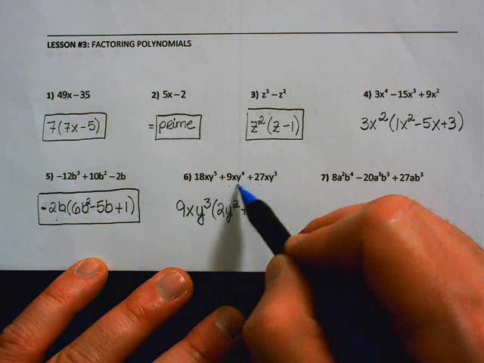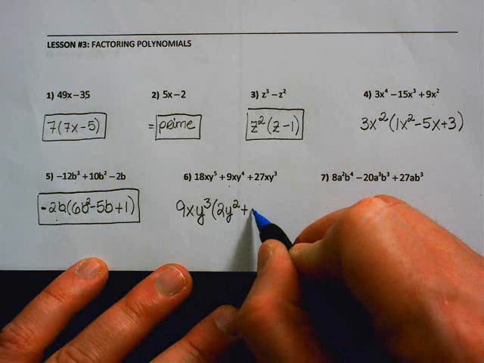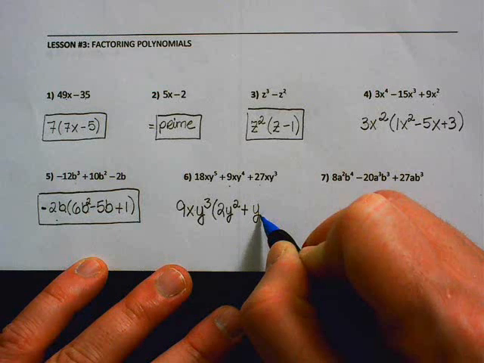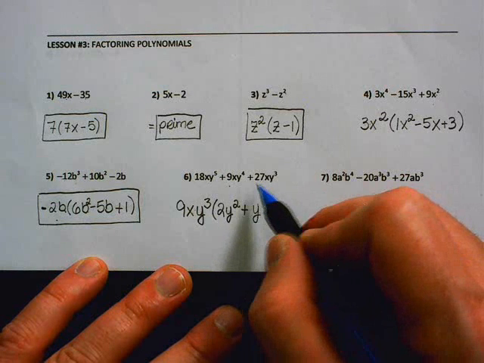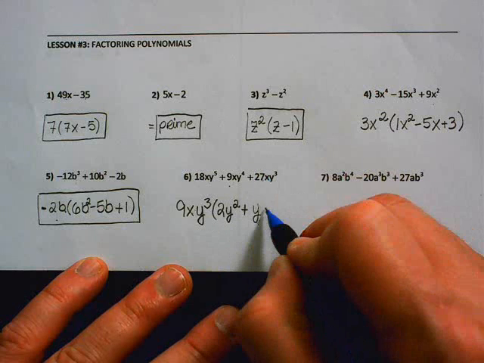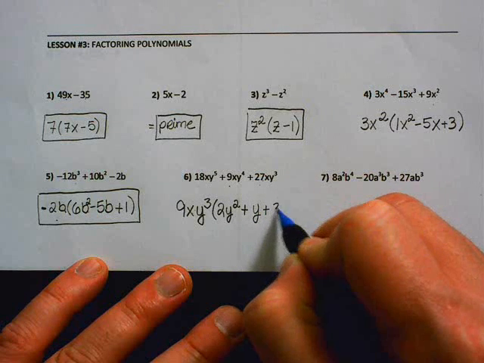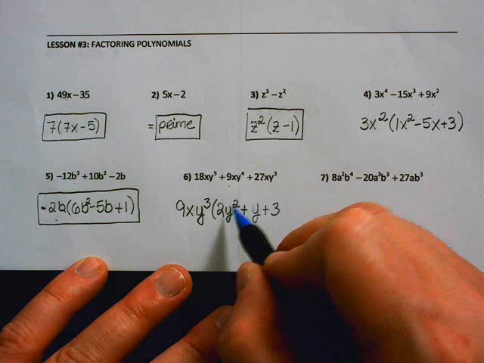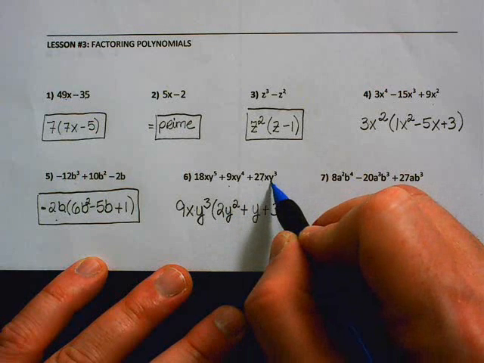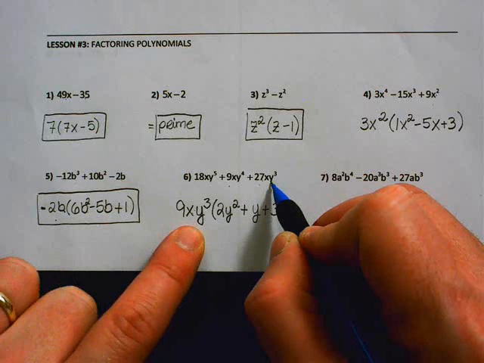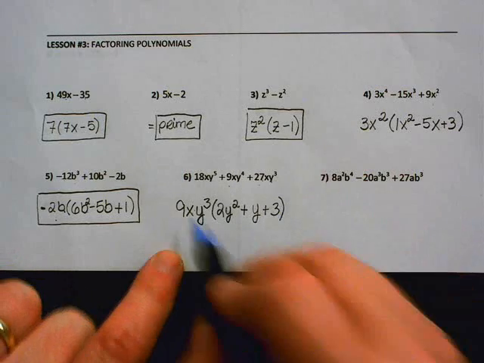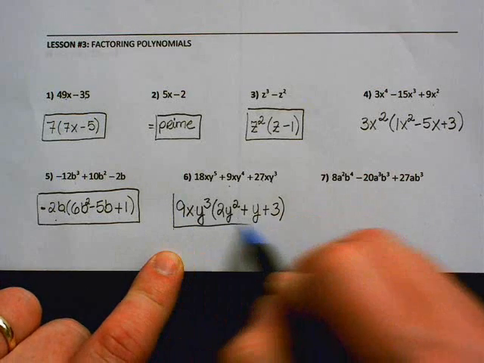The x cancels. And the y to the 4th divided by y to the 3rd is y to the 1st. And our last term is 27 divided by 9 is 3. The x will cancel. The y to the 3rd will cancel with the y to the 3rd. So this will be my final answer.